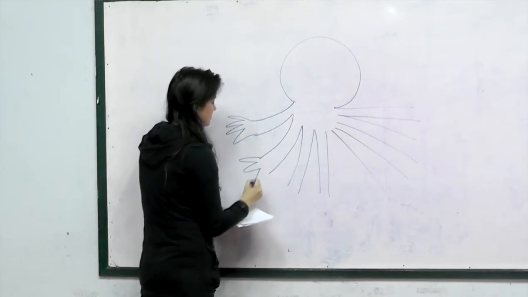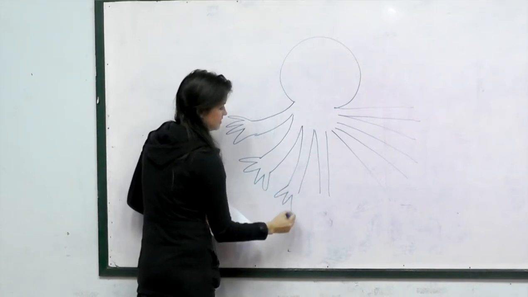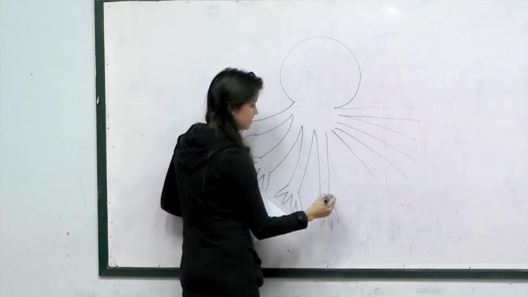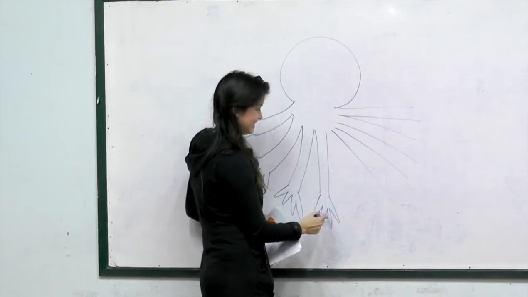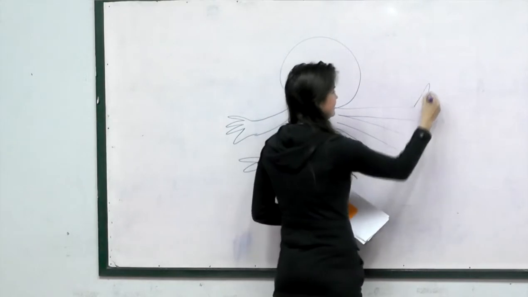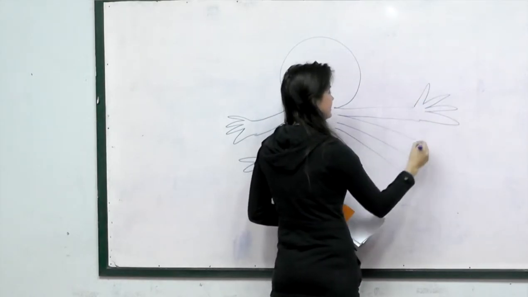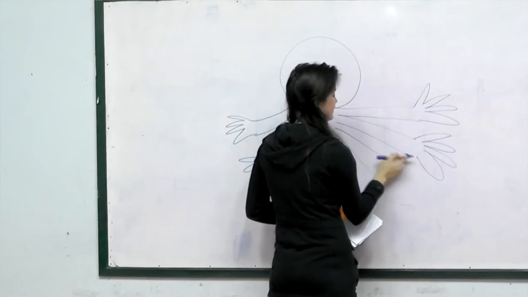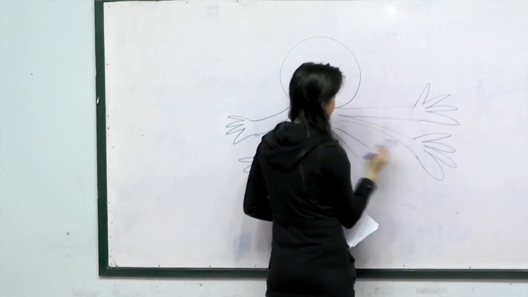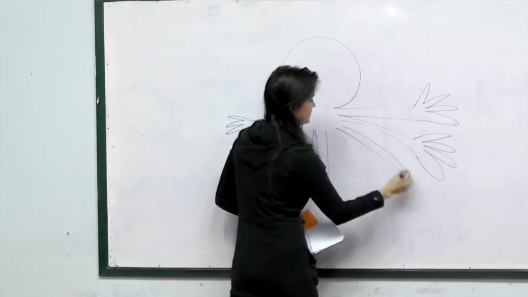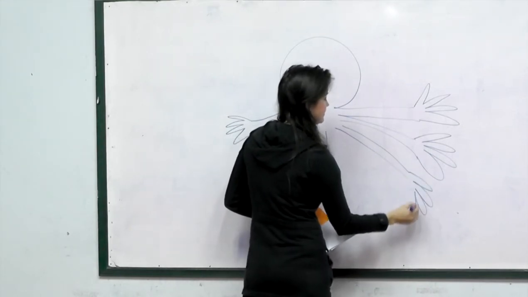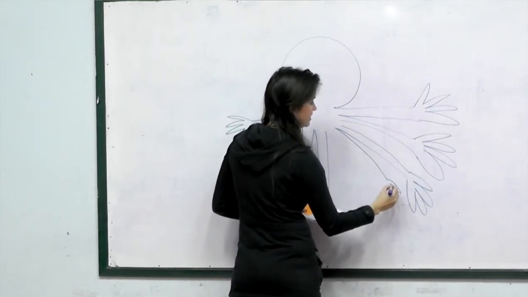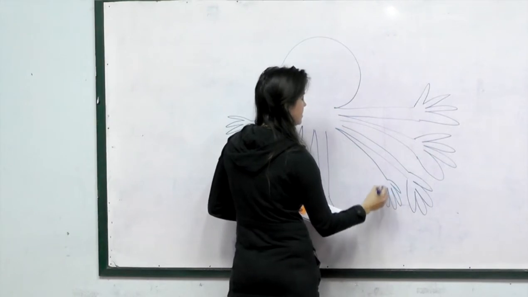4, 8. Good. 12. Nice counting. 13, 14, 15, 16. Good. 17, 18, 19, 20, 21, 22, 23, 24, 25, 26, 28, 29, 30, 31.